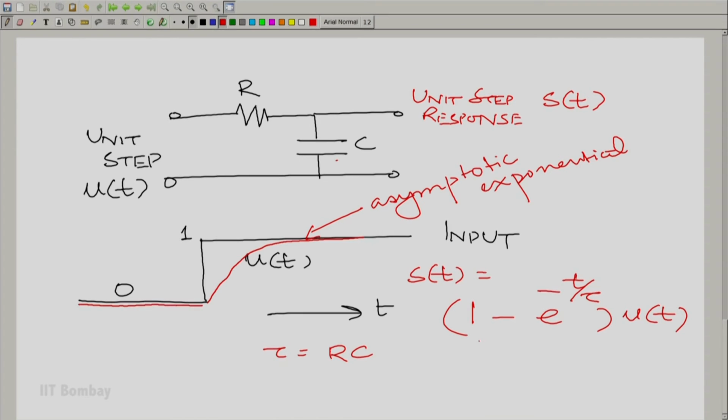Now, you can check this expression. At t equal to 0, S(t) is equal to 0. As t tends to plus infinity, S(t) tends towards 1. So, this fits our whole picture.